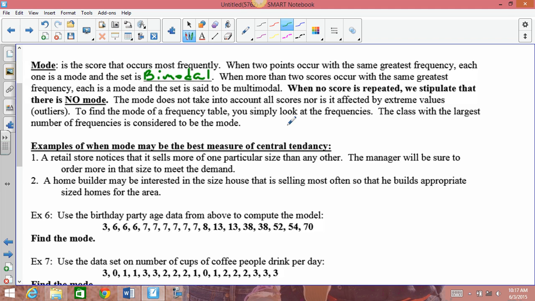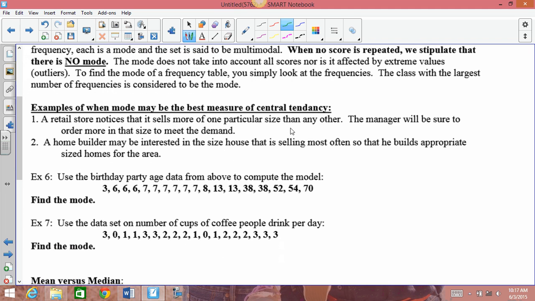Sometimes frequency tables can help you to find the mode. Some good examples that I put here in your notes, as far as, when might we use mode, because mode's really easy to find, but where would we use it? Say for example, you're in charge of buying merchandise at a particular store, like men's shirt sizes, and you recognize that extra large sells more frequently than smalls and mediums.